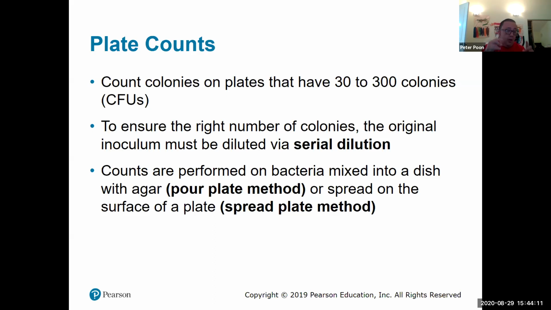But here's a problem. The number of bacteria in a solution is going to be far higher than what I usually count like this. Even if I put 1 microliter on there, I can easily get thousands, if not tens of thousands of colonies. And a human being can't really count more than 300, 400 dots on a piece of paper accurately without counting multiple dots or missing dots or just being bored out of their mind.